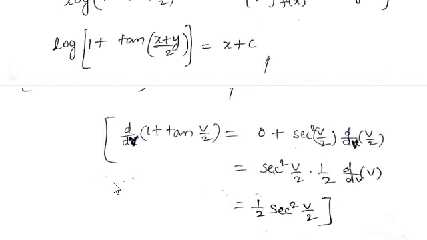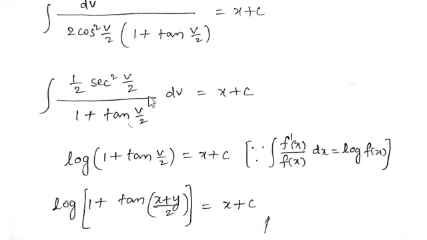We know d by d theta of tan theta is secant square theta, so d by dv of tan v by 2 is secant square v by 2, but with v by 2 in place of theta. Once again, d by dv of v by 2: 1 by 2 is a constant, so you can write it outside, and d by dv of v is 1. So the final answer is 1 by 2 secant square v by 2. This is the differentiation of this term.